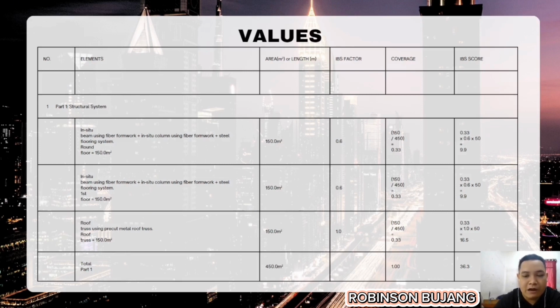So to calculate the IBS score, it is 0.33 times 1 times 15 equals 16.5 for roof truss. So the total for part 1 is 36.3 for IBS score.